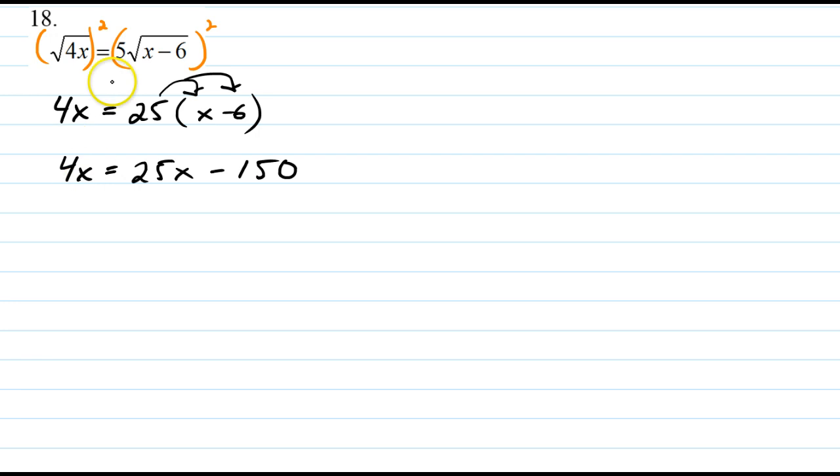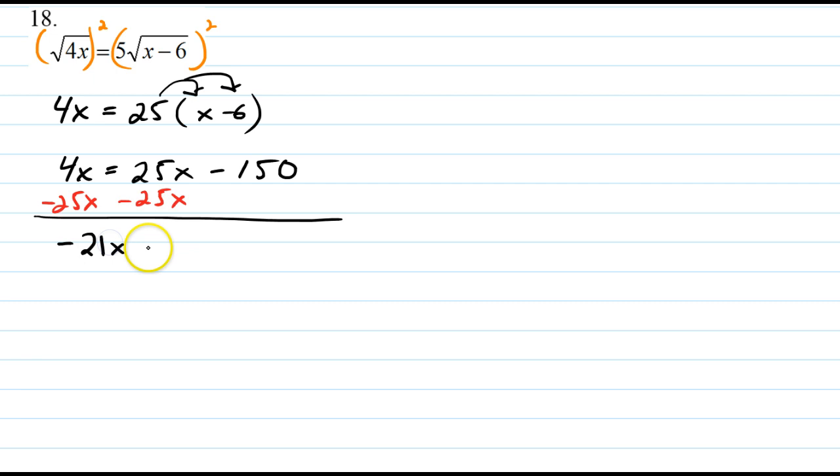I'm going to minus the 25x from both sides. So now I get negative 21x equals negative 150. Alright, so divide both sides by negative 21.